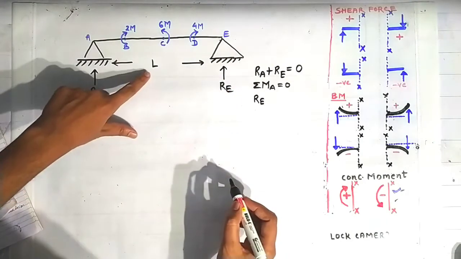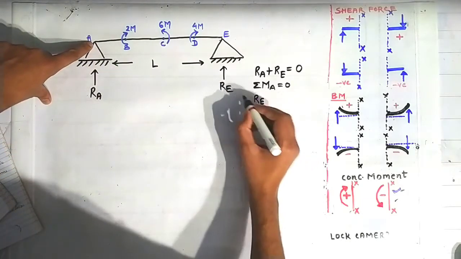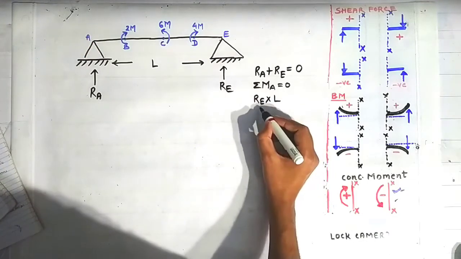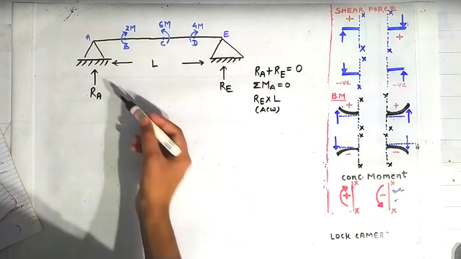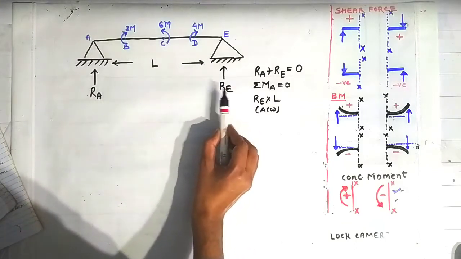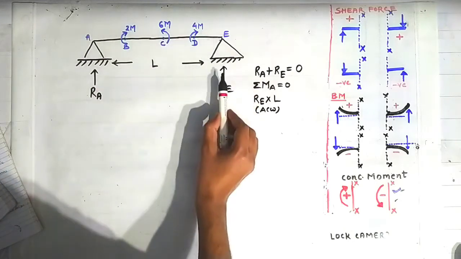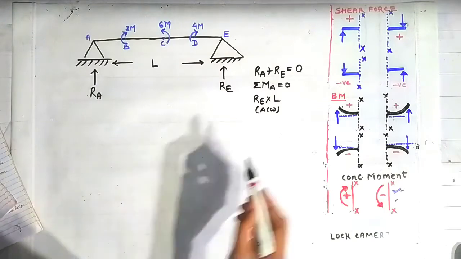So the moment about the point A will be RE into L, and it will act in anti-clockwise direction. Why? Because this reaction RE is trying to rotate this beam AE in anti-clockwise direction about this point A.